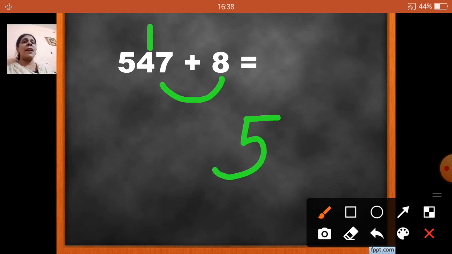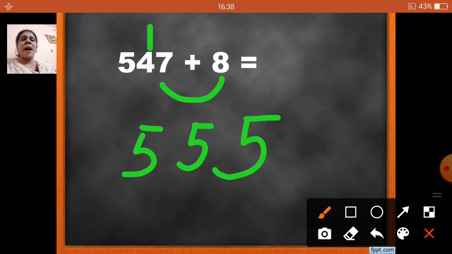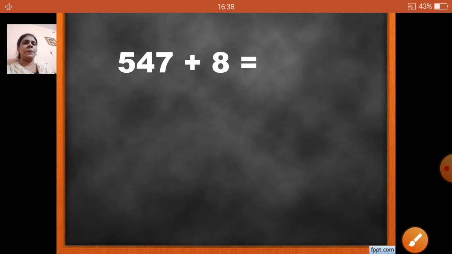So 4 plus 1, 5. Now no number in the tens place. Okay. So now no number in the hundreds place, only one number. Okay. So number 5 will be written as same number, because if there is no number we will consider it as 0. So 5 plus 0 will be 5. Okay. So when we add 547 plus 8, we get our answer 555.